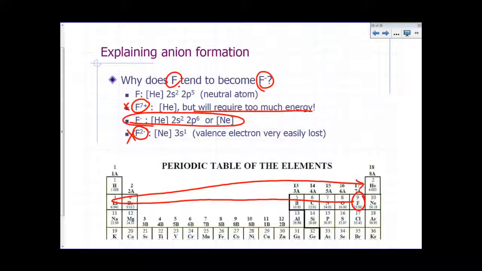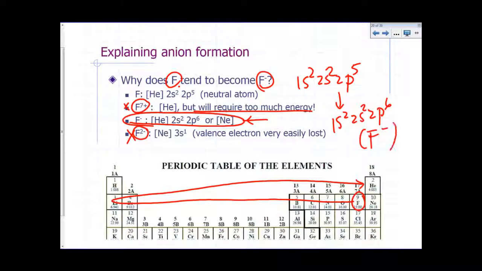In fact, when a fluorine atom gains an electron, it actually releases energy. So it does gain some stability there. From 1s2 2s2 2p5, your fluorine atom becomes 1s2 2s2 2p6. That's your fluoride ion.